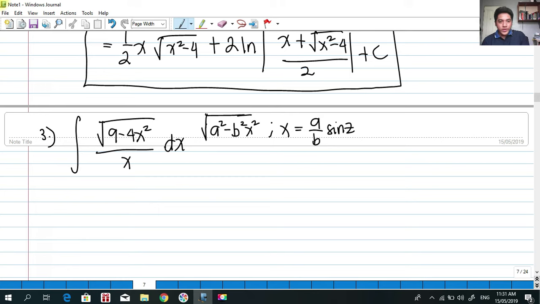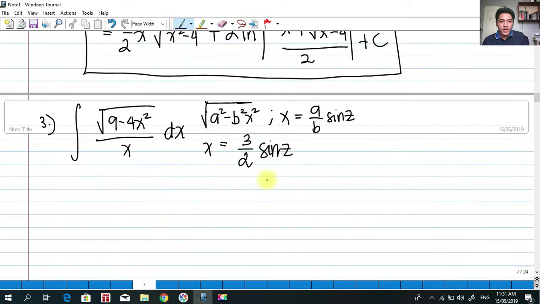So we're going to use this equation. Our x would be simply, our a here in this case is not 9 but 3, over not 4 but 2. 3 halves sine z. And of course, again, we're going to derive our triangle from this equation, so that sine of z is equal to 2x over 3.